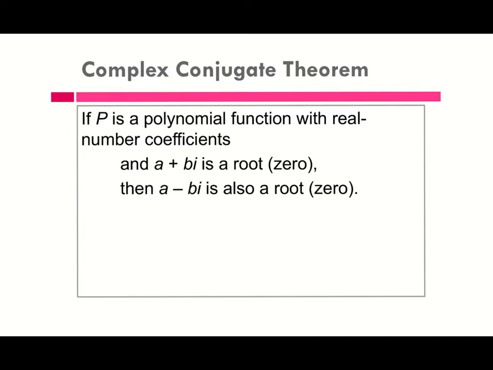But what we also have to understand is that our complex roots always come in pairs. So if we have a plus bi, we also have to have a minus bi as a zero. So there's never just going to be one imaginary solution. There will always be 2 imaginary solutions when we're looking at a polynomial function.